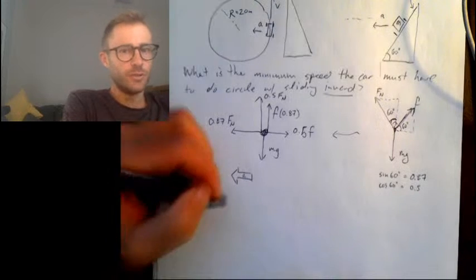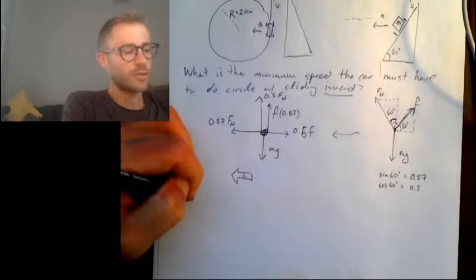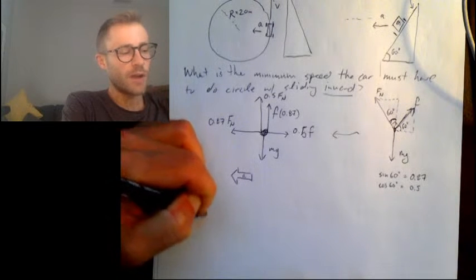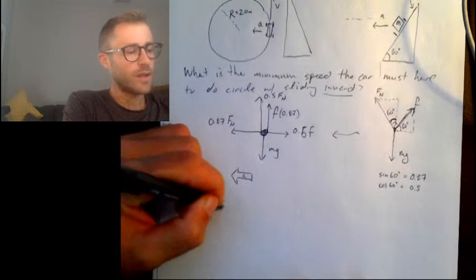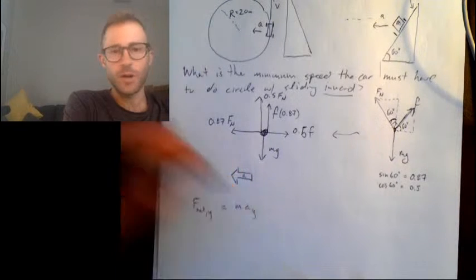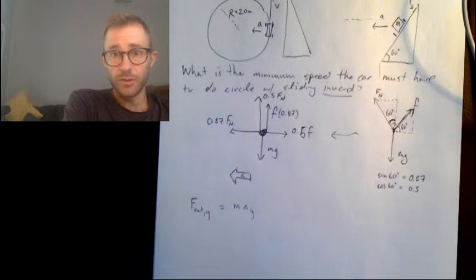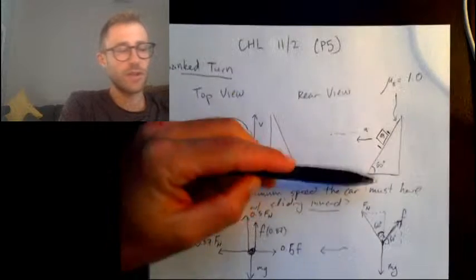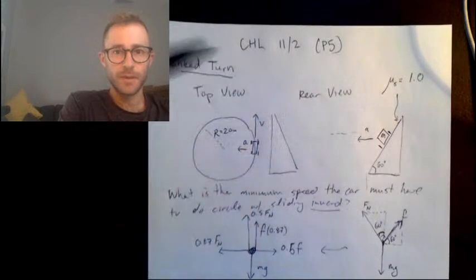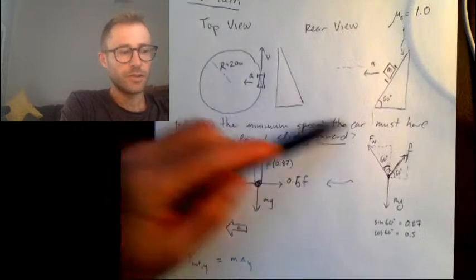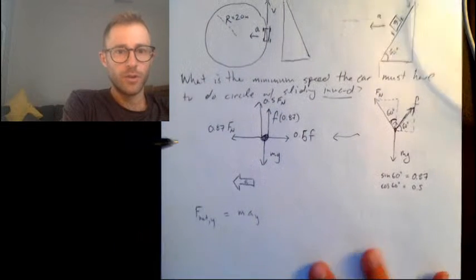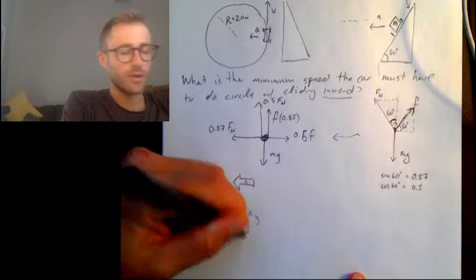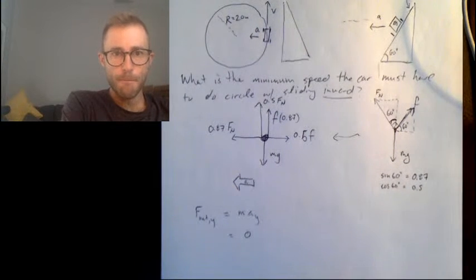So let's go ahead and do Newton's second law in the vertical direction. Net force in the y direction equals m times the acceleration in the y direction. The car is not sliding up and down, because it's not sliding inward, so the acceleration in the y direction is 0.